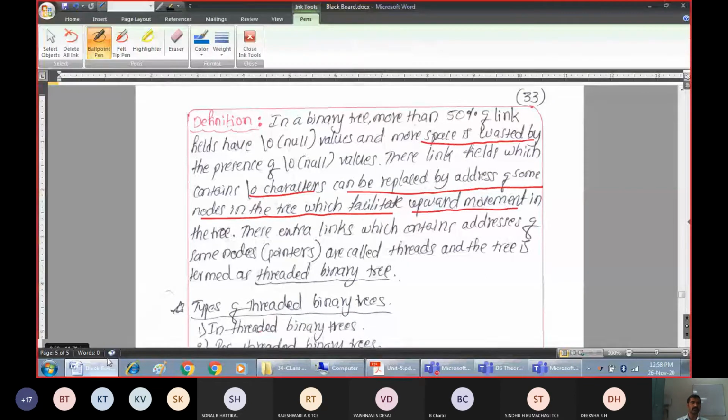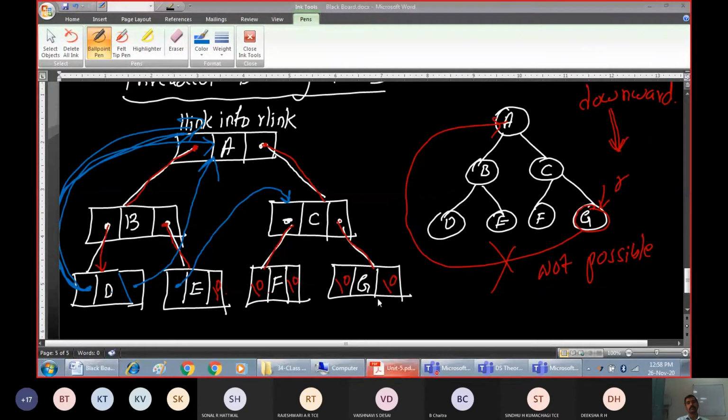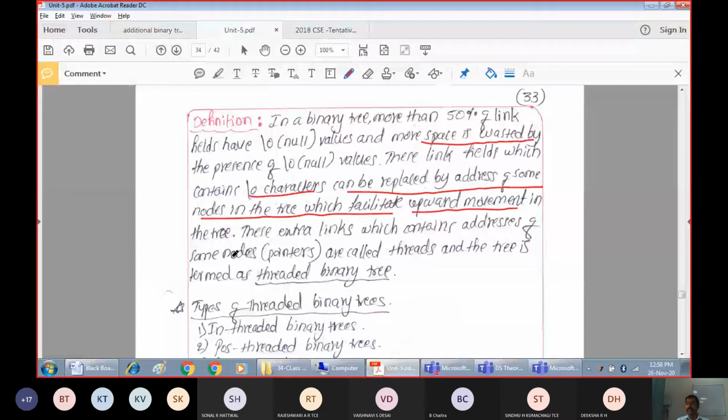Please concentrate here. If these null values are replaced by addresses of some nodes which facilitate upward movement, that means movement from a low level node to a high level node in the tree, then these extra links which contain addresses of some nodes are called threads.